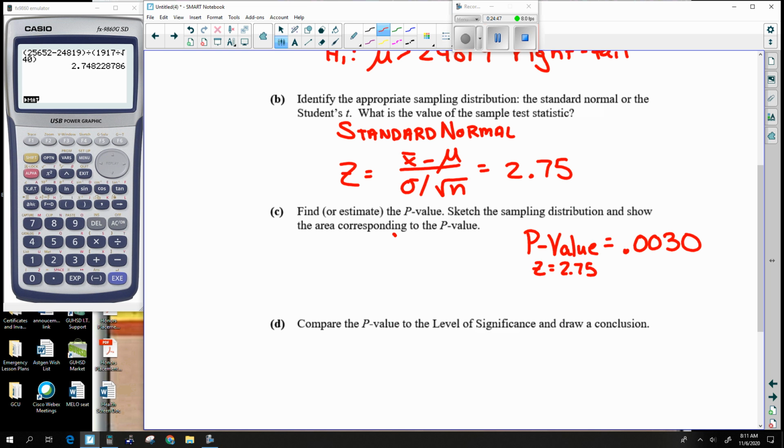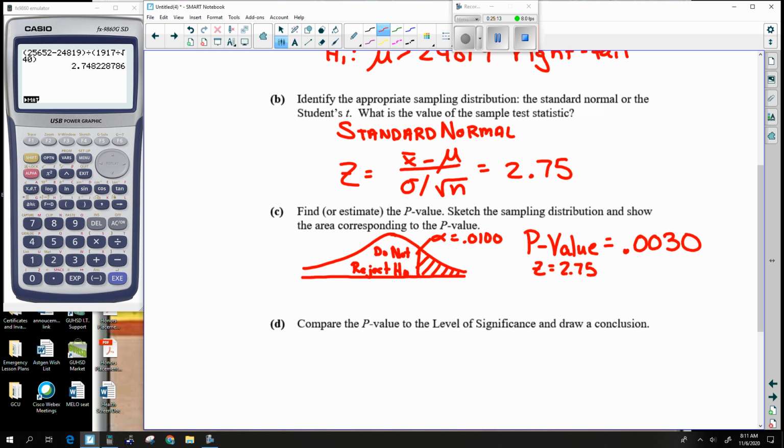I make my picture. This is a right tail, and this is an alpha. Alpha in this case is 0.01.